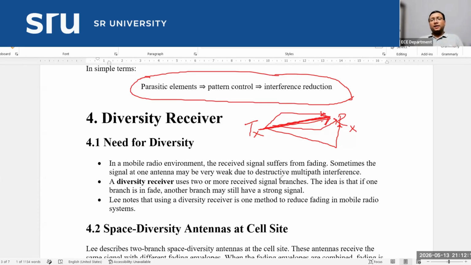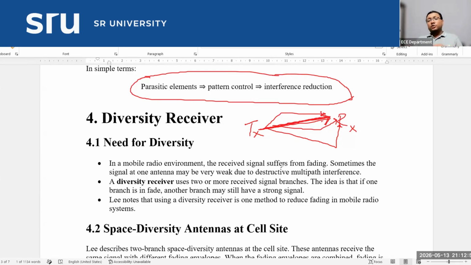Why? Because if I receive the signal at different positions, then the chances that all the antennas have phases that cancel are very less. It is a reverse 180-degree between the direct path and reflected path, so that the amplitude is becoming zero. For example, at antenna 1, the phases may cancel each other, but at antenna 2, it will not cancel.